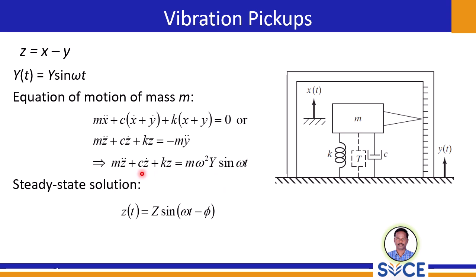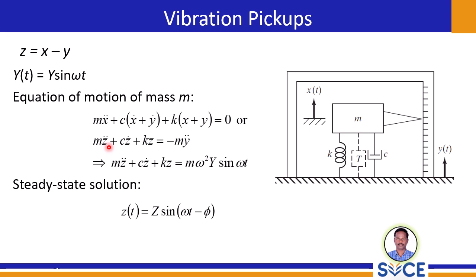This is a second order linear non-homogeneous differential equation. The right hand side represents the forcing function due to the base excitation. Our goal is to find the steady state solution for this harmonic equation.